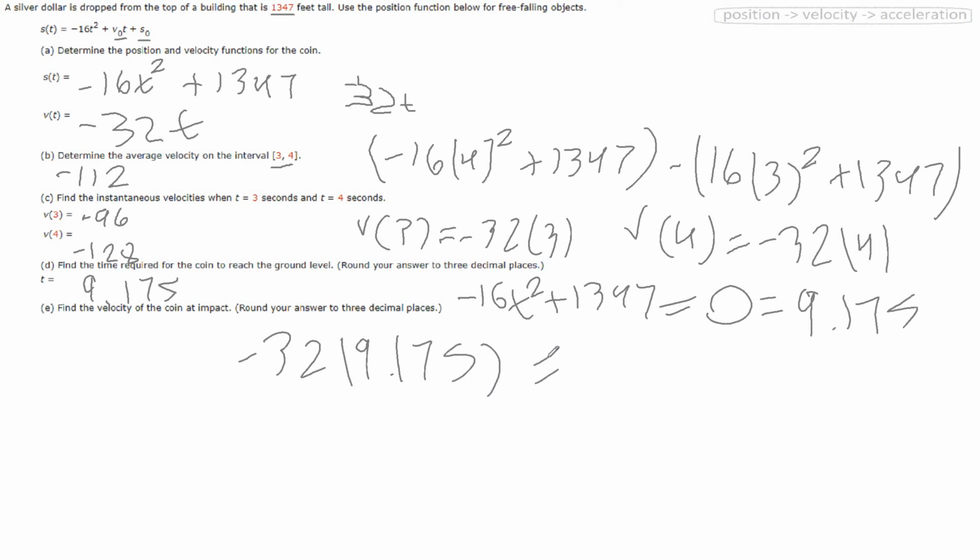When we evaluate that, we should get negative 293.612. So that's how we do it.